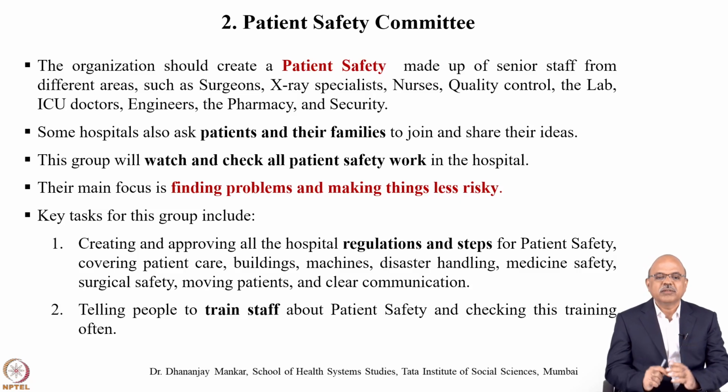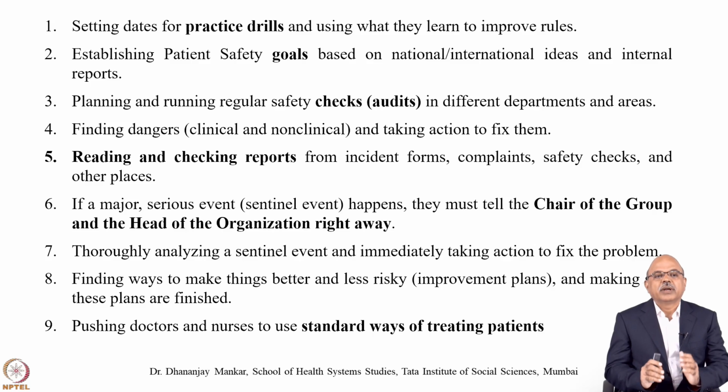Telling people to train staff about patient safety and checking this training often happens. Setting dates for practice drills and using what they learn to improve the rules. Establishing patient safety goals based on national and international ideas and internal reports.